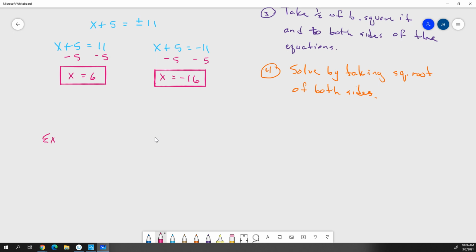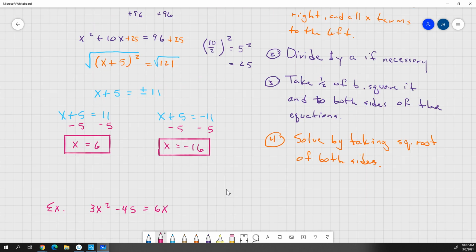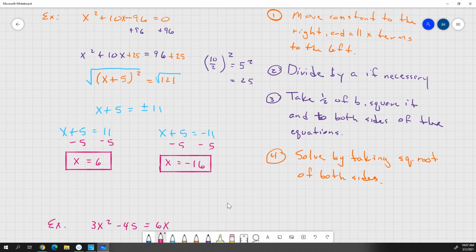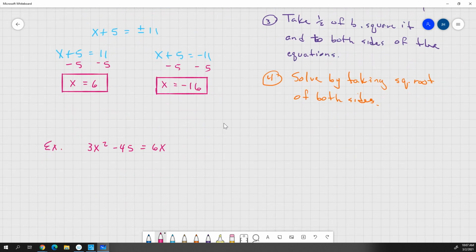So say I have 3x squared minus 45 equals 6x, right? Well, if we look at this first rule, the first thing we have to do is move the constant to the right and all the x terms to the left.